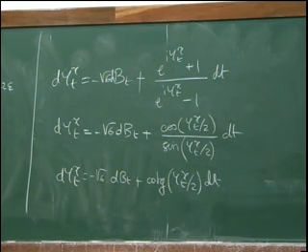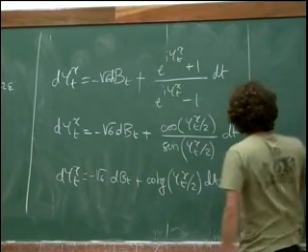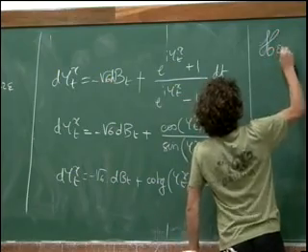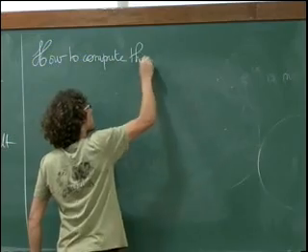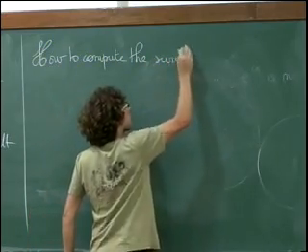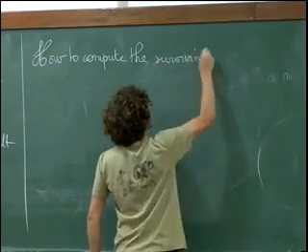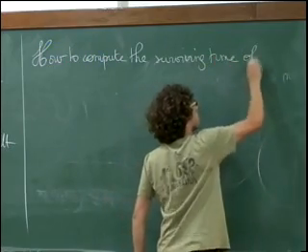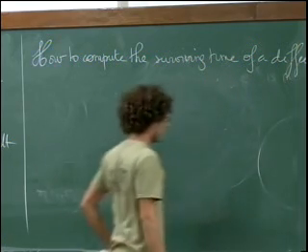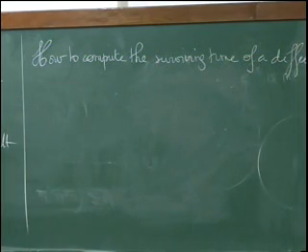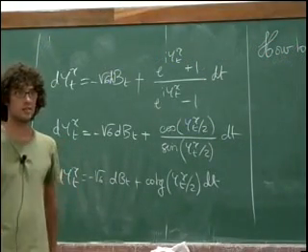I'm not sure everybody is familiar with this kind of method, how to compute the surviving time of a diffusion. So I will explain it in the last 15 minutes. Now I have a diffusion, that's this one, or anything else, and I want to compute its surviving time.